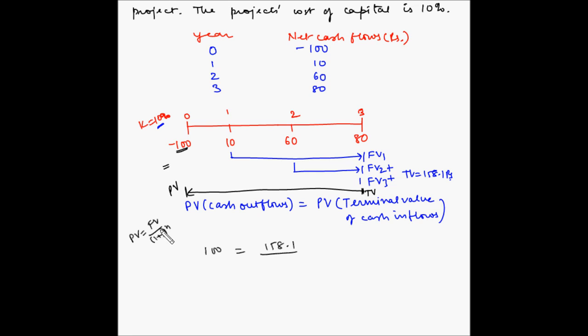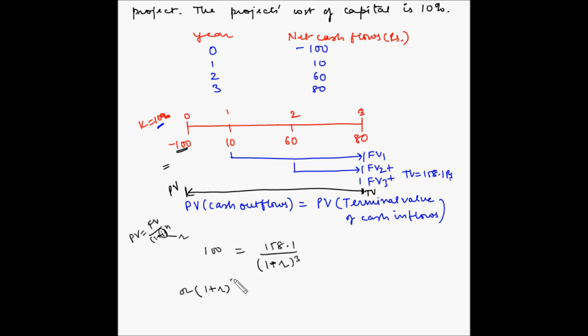Here I is the modified internal rate of return, which will be represented as R. So (1 plus R), and the total tenure for which this is being discounted is 1, 2 and 3. So 3 years. So let's take this (1 plus R) to the power 3 on one side.